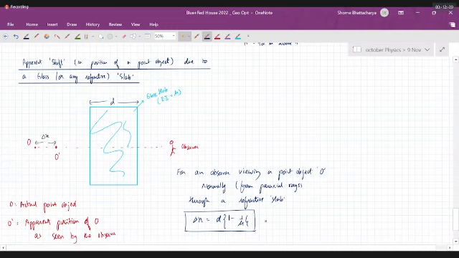And very interestingly, it is independent of the object's distance from the slab.